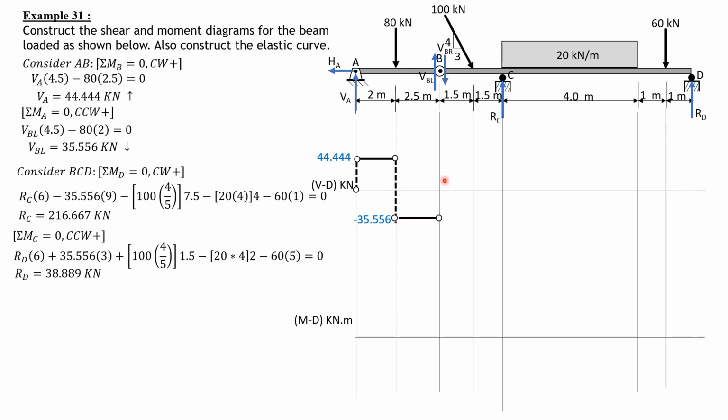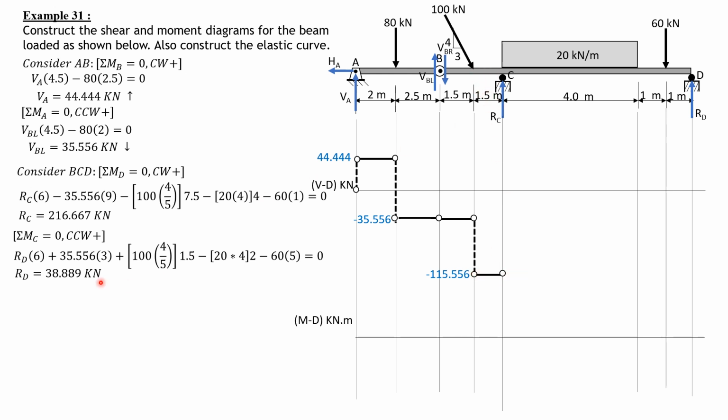Then continue, only because that's internal. So 35.556, then minus 100 times 4 over 5 going down. So that's negative 115.556. Then between these two, there's no load, so constant.